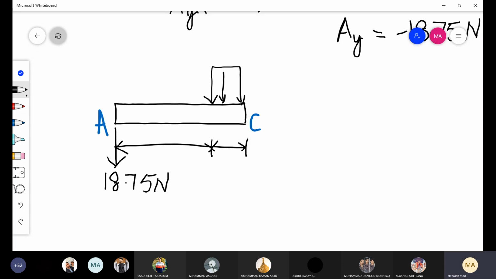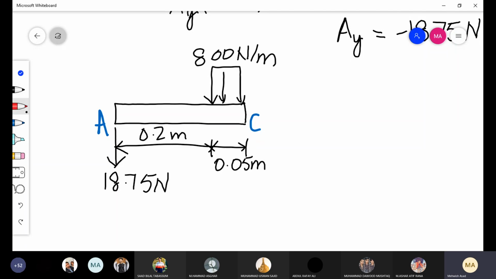This is 0.2 meter and 0.05 meter. Load is 800 Newton per meter.